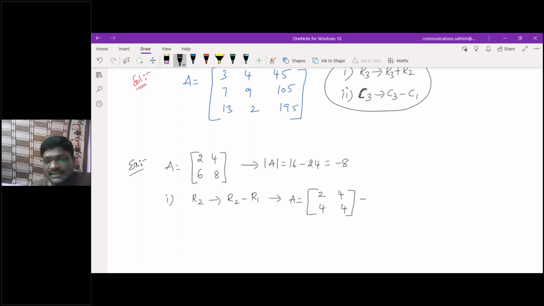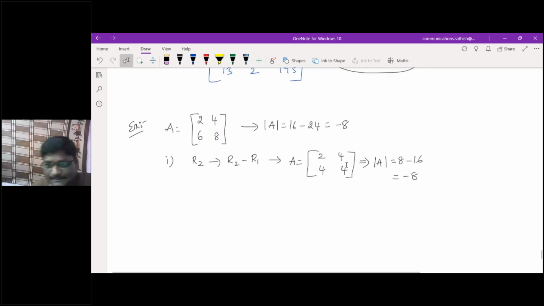What is the determinant for this matrix now? 2 times 4 is 8, minus 4 times 4 is 16, which is minus 8. The determinant does not change, does it? Is the determinant changed?